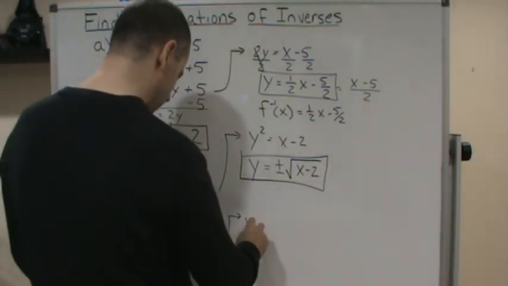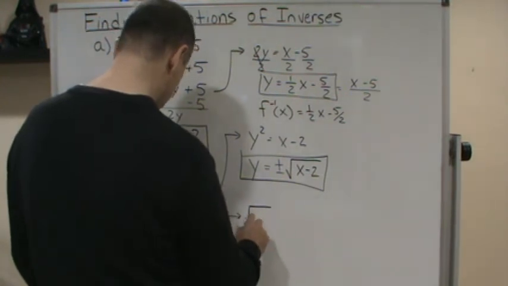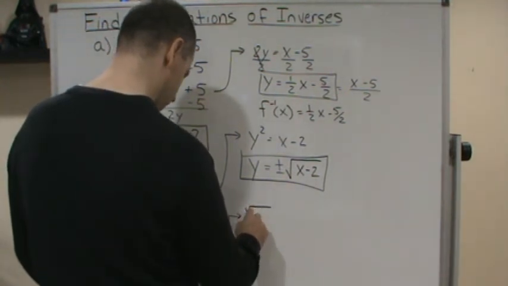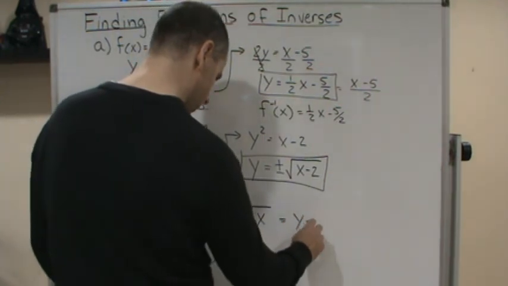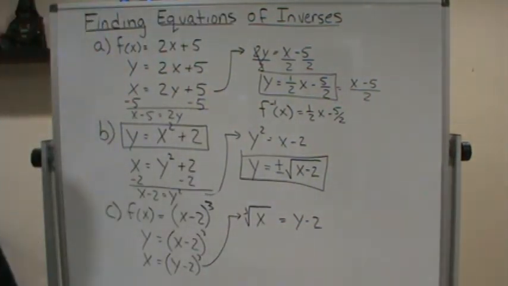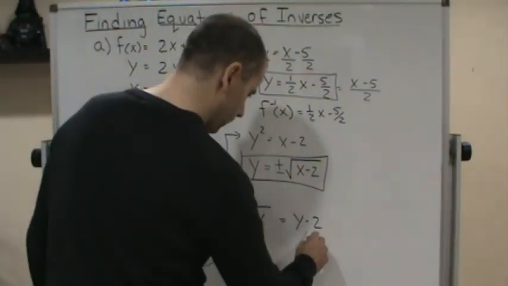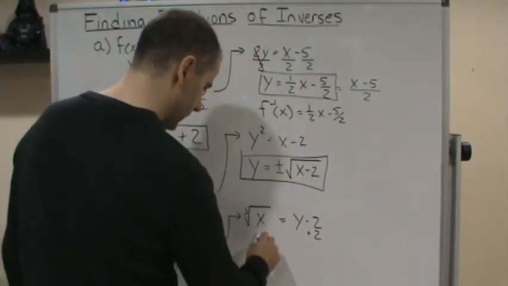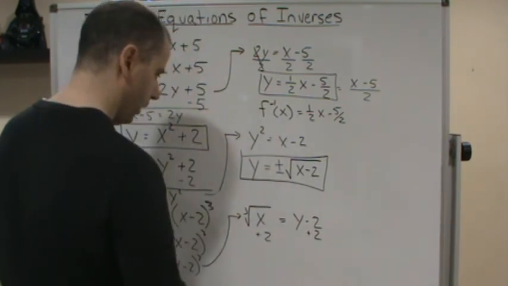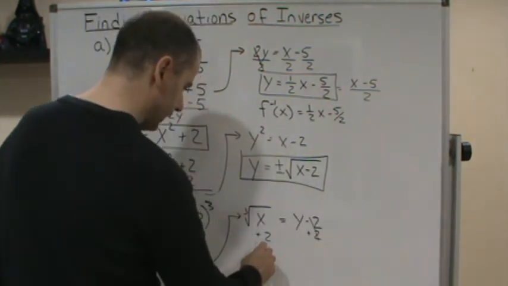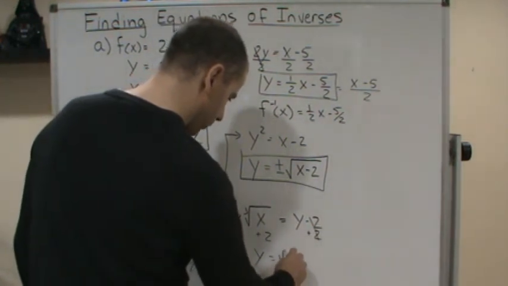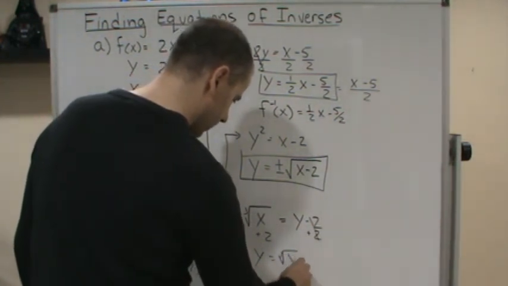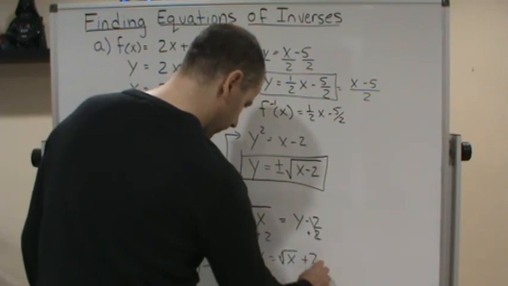So if we take the cube root of x, that's going to give us y minus 2 over here. And then if I add 2 to both sides, well now I get y equals the cube root of x plus 2.